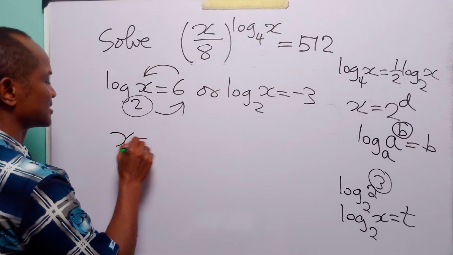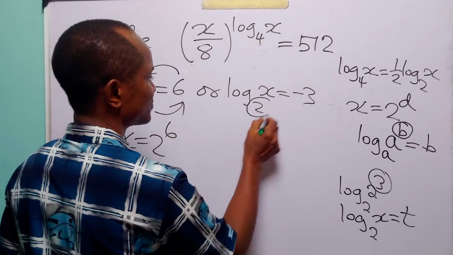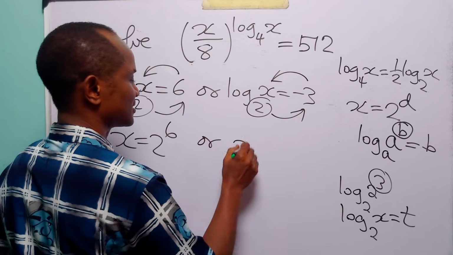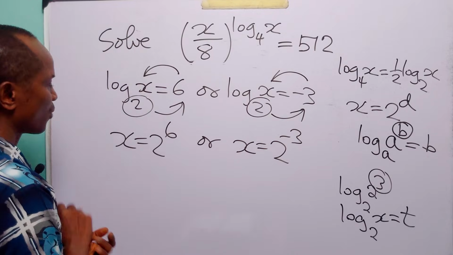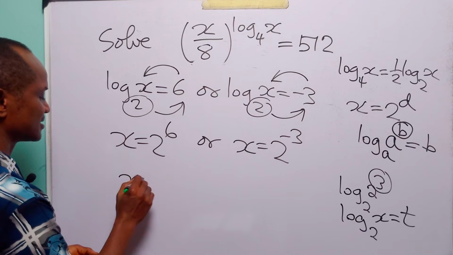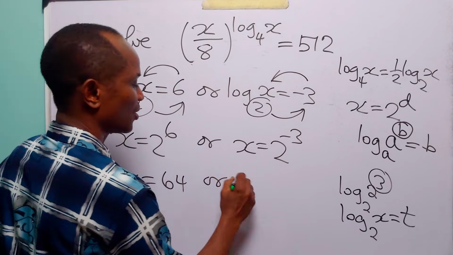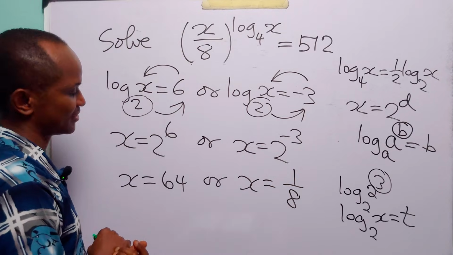So we have that x is equal to 2 to the power 6. While from this statement, we have that 2 to the power minus 3 is equal to x. That is, x is equal to 2 to the power minus 3. Once more, we have that x is either equal to 64 or x is equal to 1 over 8.